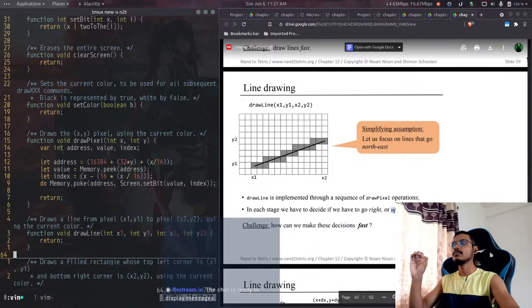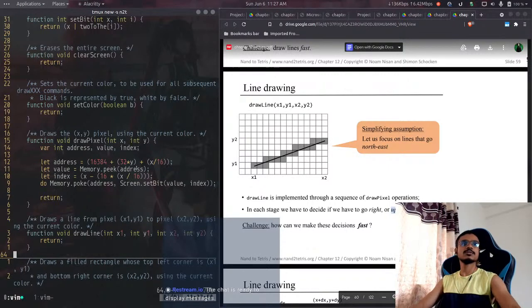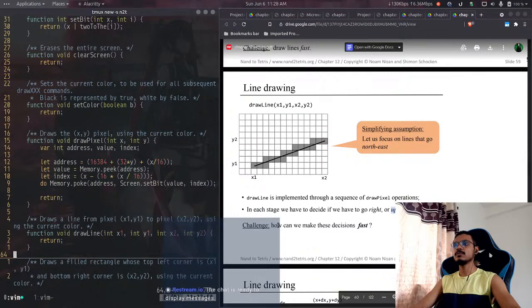So for that we have to select a particular bit out of 16 bits, but to optimize it we can toggle all the 16 bits for horizontal and vertical lines, right? I mean, not for vertical, but at least for horizontal, because for vertical lines all the pixels will be in different RAM registers. But yeah, it's not worth it right now. So just do it using the naive approach.